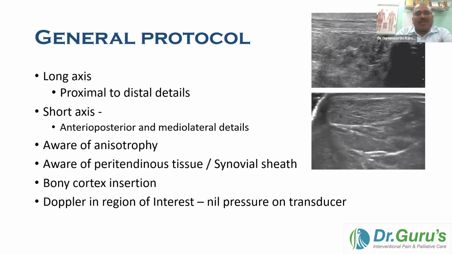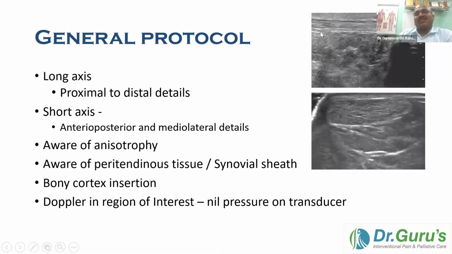Coming to the general protocol, I'm not going to be very specific. We are just going for a general protocol, so it's applicable to almost all tendons. Two images are needed: one in the long axis and another in the short axis, right? Here, this is the Achilles tendon in the long axis, and this is the short axis.